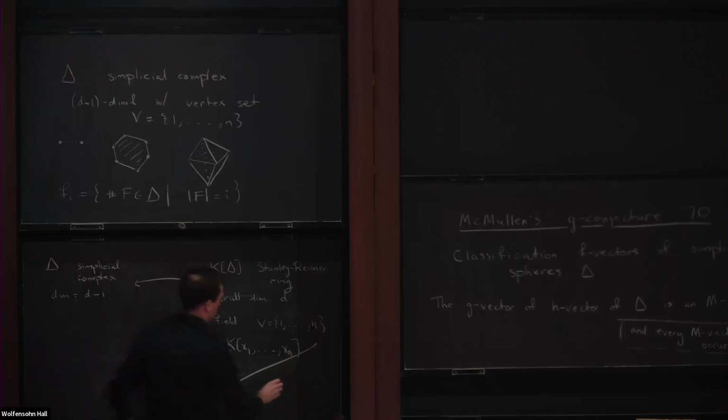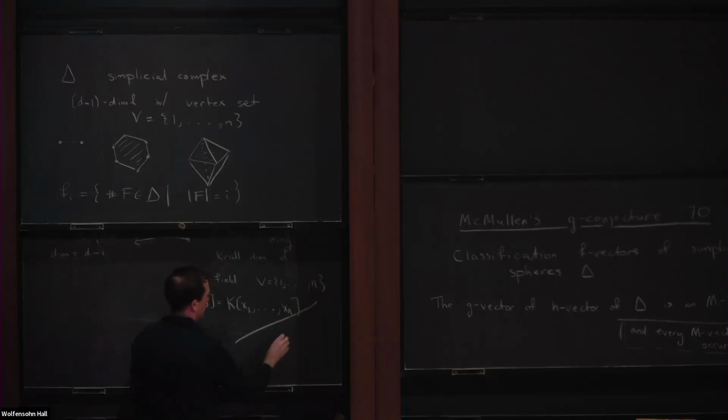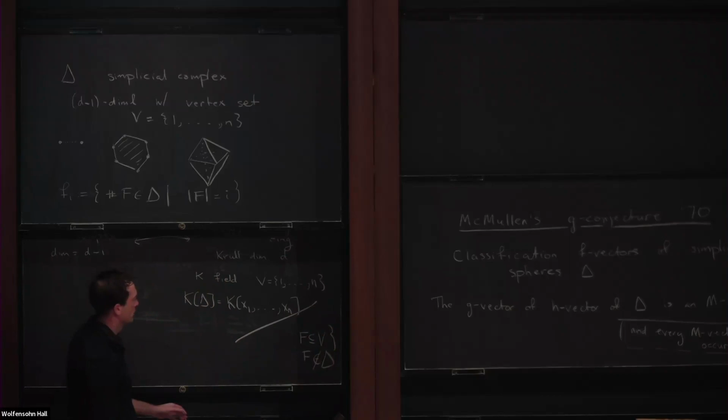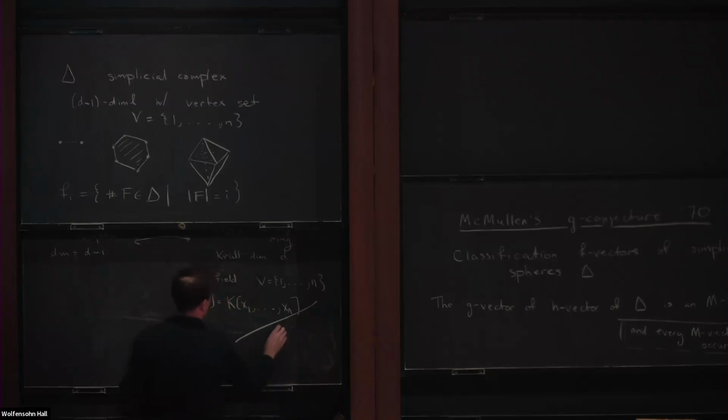And the ideal is you take any subset F of the vertices that does not, I don't know, maybe you can't see that. Okay. Let's call this I delta.